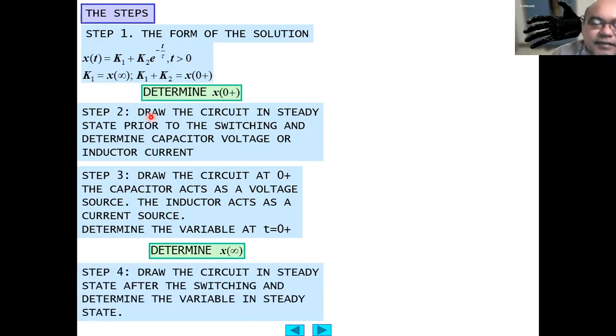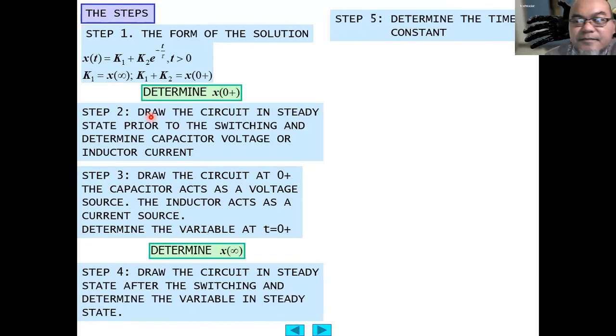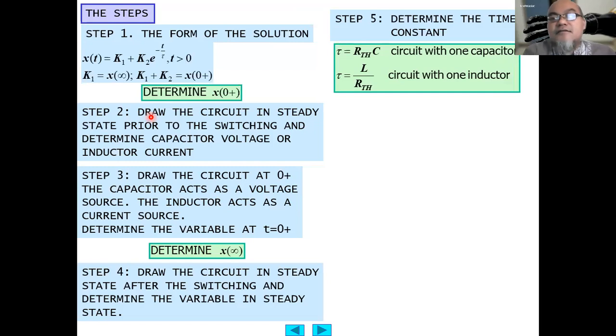To determine the x infinity, you draw the circuit in steady state after the switching and determine the variable in the steady state. Finally, determine the time constant, the tau in the standard form of the differential equation, which is usually the coefficient of the first order differential term.